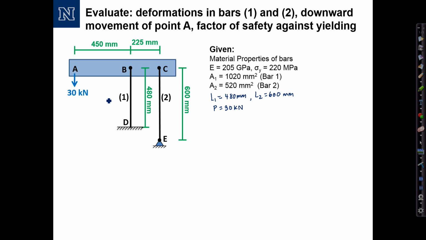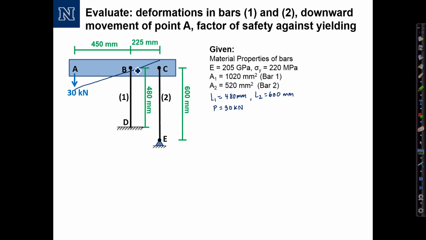To understand what we are asked to find, let's consider what happens when we pull downward. We expect point A will move downward and the whole thing will rotate rigidly. So maybe something like that.